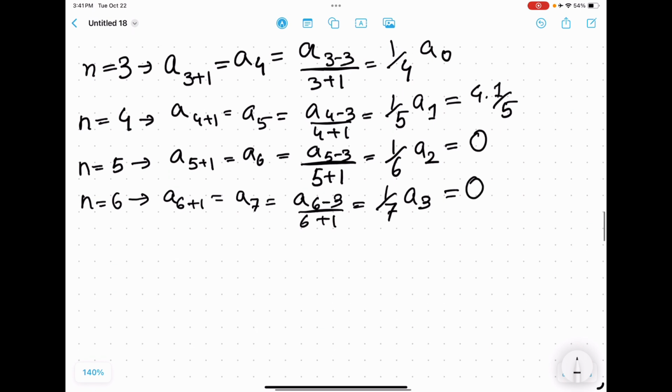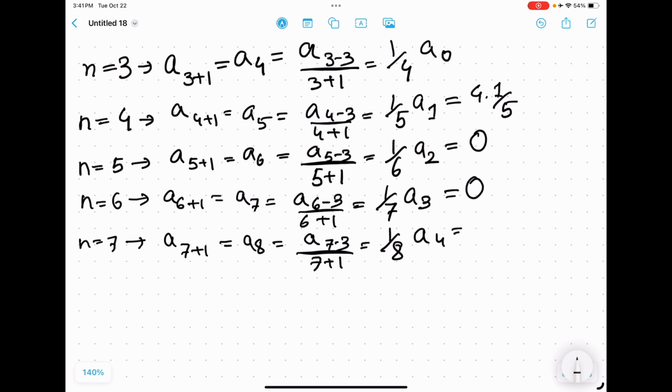Okay. Then let's do n equals to 7, which is a sub 7 plus 1, which is a sub 8, equals a sub 7 minus 3 by 7 plus 1, which is 1 by 8, a sub 4. And if I look, my a sub 4 is 1 by 4 times a sub 0. So I have 1 by 4 times 1 by 8 times a sub 0.